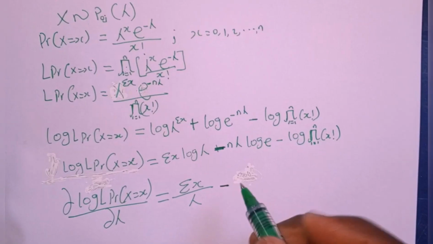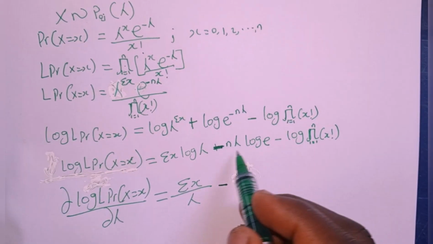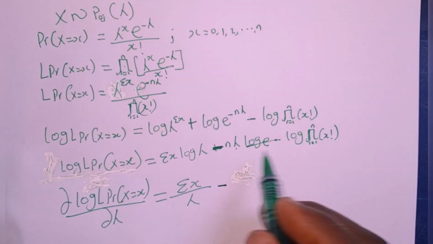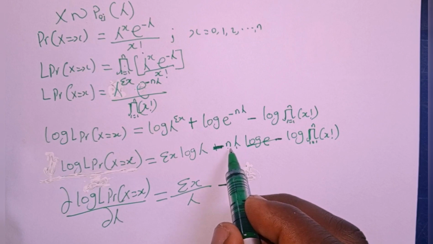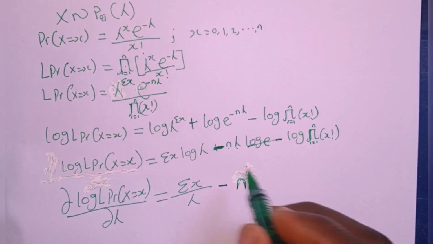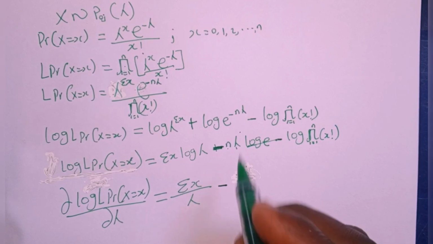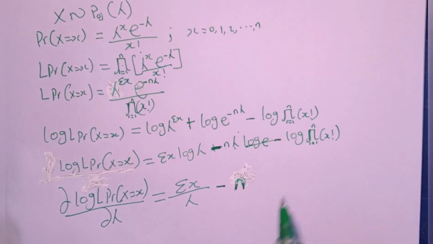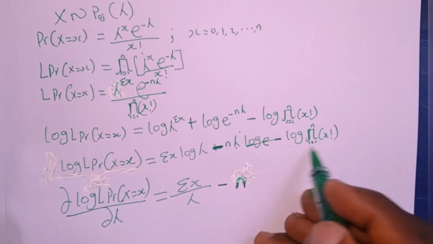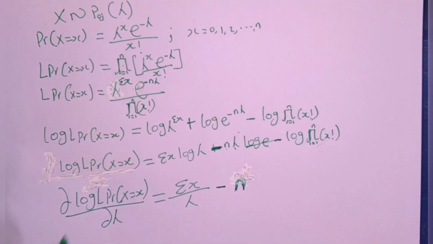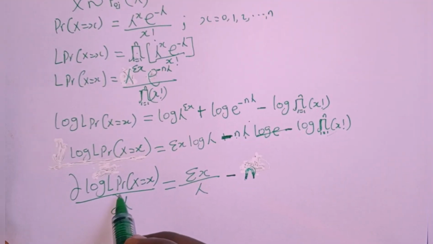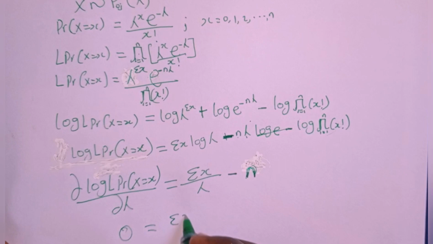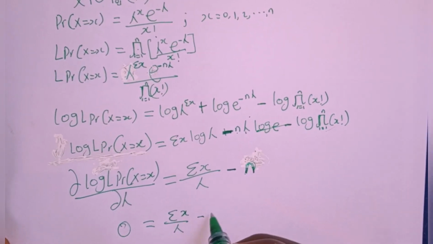Then minus, if you differentiate this with respect to lambda, log e, log and exponential cancel. For n lambda, if you differentiate n lambda, it will remain only n, because using the power rule, 1 multiplied by n is n, then 1 minus 1 is 0, and lambda raised to the power of 0 is 1. So here will remain only n. Then minus, when you differentiate here, there's no lambda here, it will be 0. So the derivative of the log likelihood with respect to lambda, set to 0, is equal to the summation of x over lambda minus n.